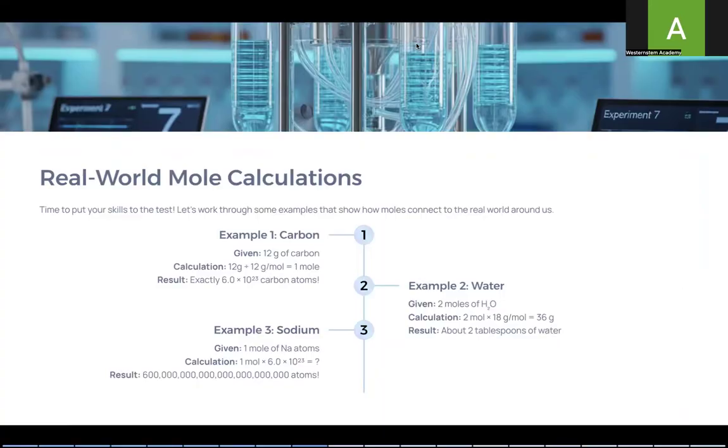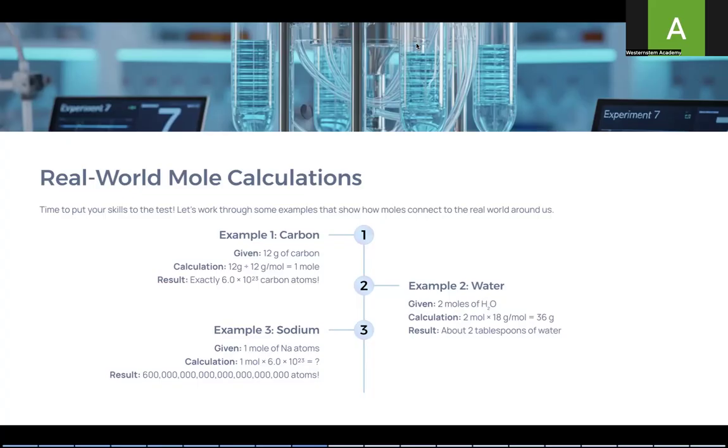Now, let us look at some real world mole calculations. Time to put your skills to the test. Let's work through some examples that show how moles connect to the real world around us. Example 1, carbon. Given 12 grams of carbon, the calculation 12 grams divided by 12 grams per mole is equal to 1 mole.